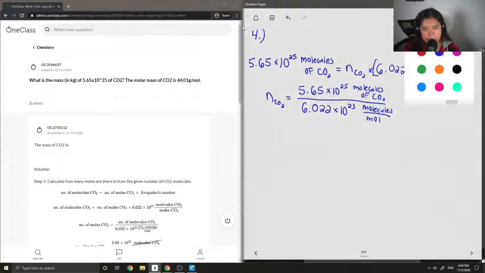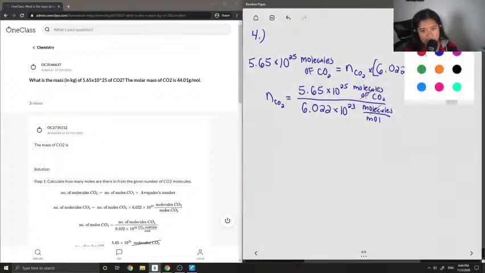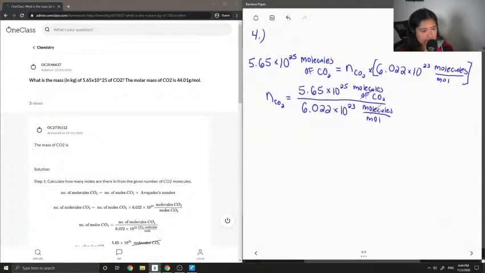You know that you did it right if your units cancel out nicely, so our molecules will cancel out and our moles will go from the denominator to the numerator. Then we end up with a value of 93.82 moles of CO2. So that's the first part of the answer.